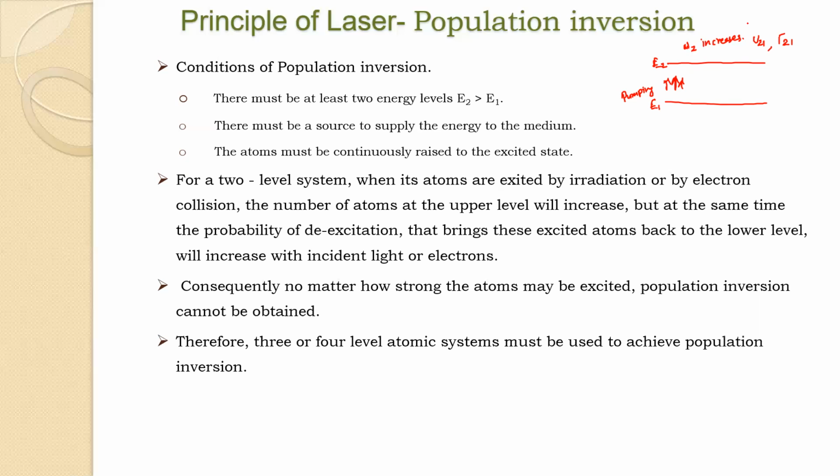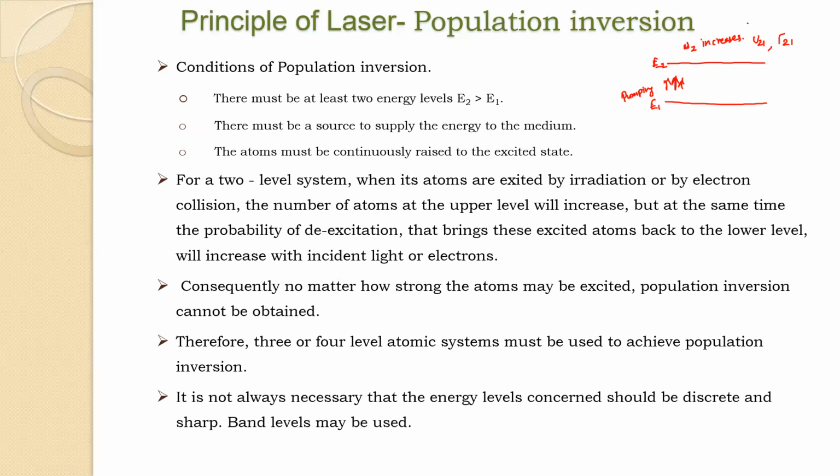Therefore, 3 or 4 level atomic systems must be used to achieve population inversion. And it is not always necessary that the energy levels concerned should be discrete and sharp. Band levels may be used for achieving population inversion. It is the case of dye lasers and semiconductor lasers.